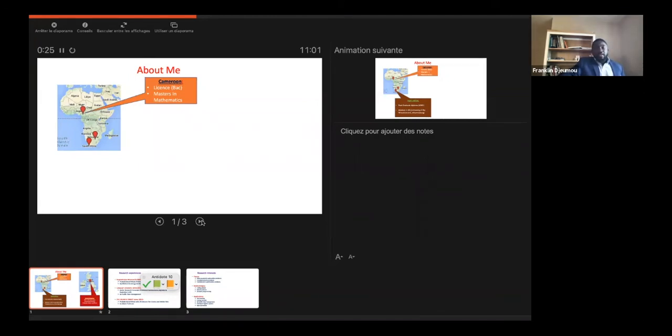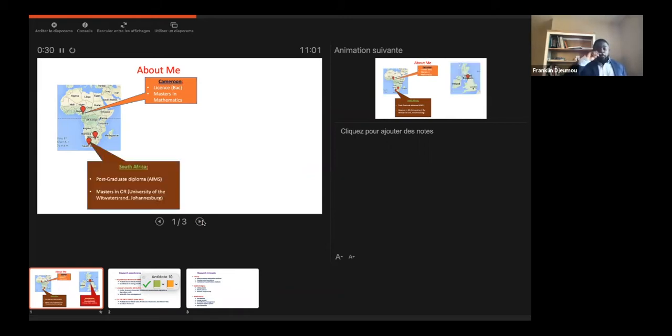I also obtained a master's degree in mathematics. Then after that, I moved to South Africa at the African Institute for Mathematical Sciences, AIMS. So some of you may have heard about AIMS with the recent partnership between AIMS and IVADO. So I went there and did my postgraduate diploma.